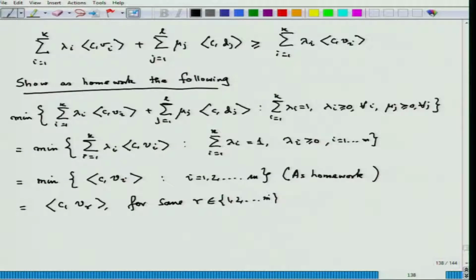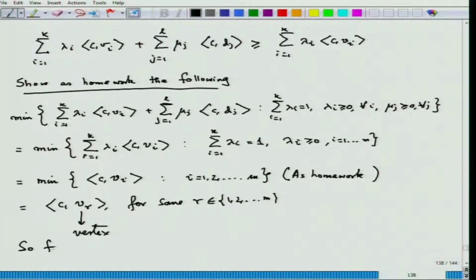You just have a finite number of values, and you have to choose the minimum. So the minimum of LP1 is obtained at this value, where VR is nothing but a vertex.